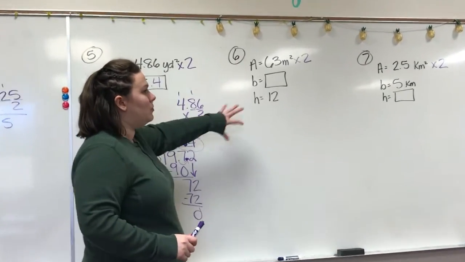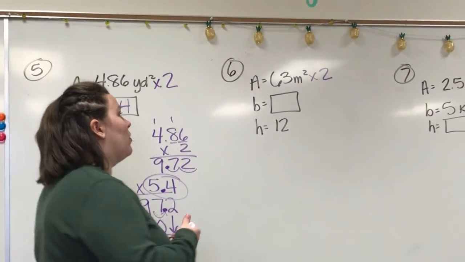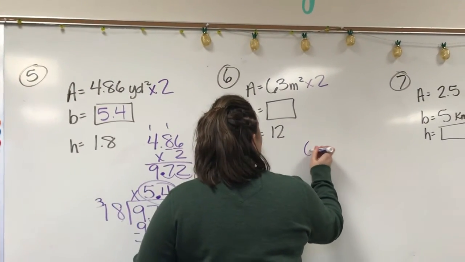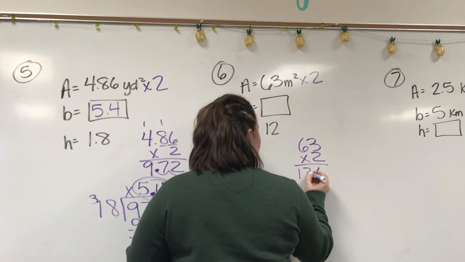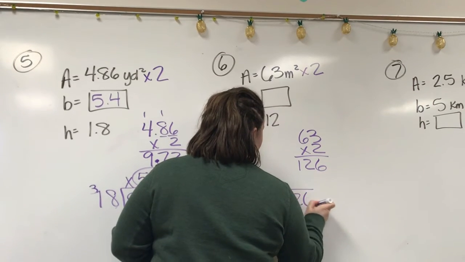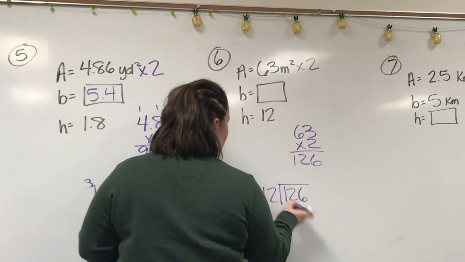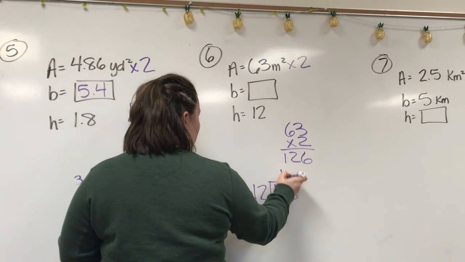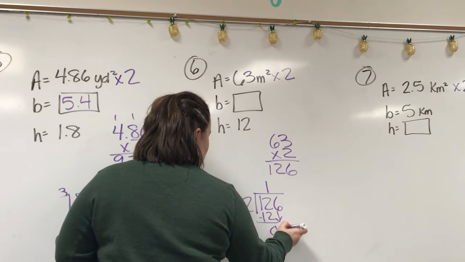Okay, now we're on problem number 6. Again, try and figure it out before I give it to you. We have to take 63, multiply it by 2. We get 126. 126 divided by our height, which is 12. 12 can fit into 12 one time. Bring down the 6.